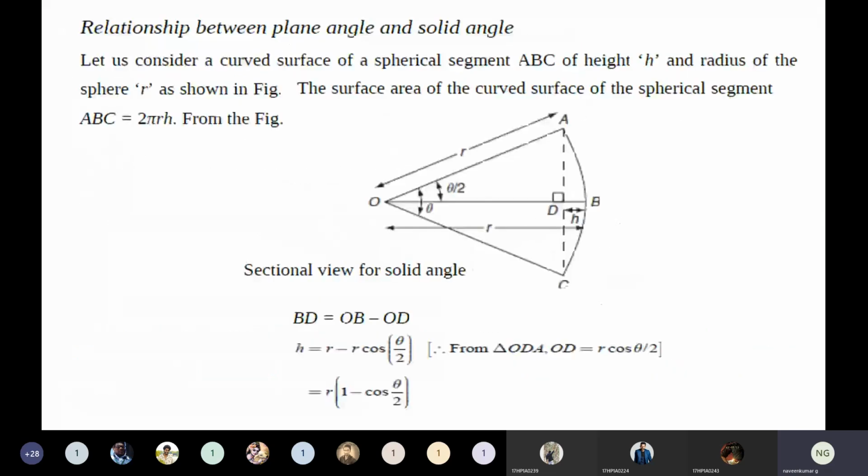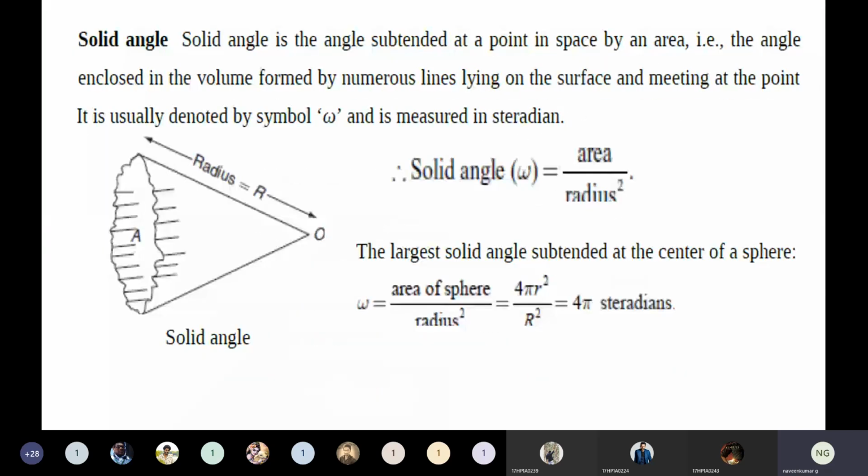Solid angle omega is area by radius square, where the area is what the luminous flux is covering and the radius is the length of the illuminated ray.